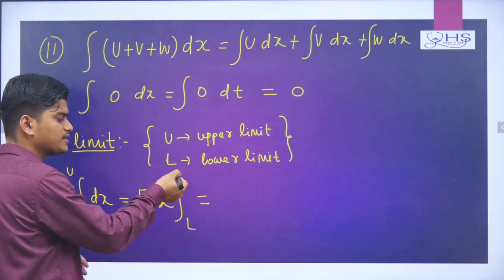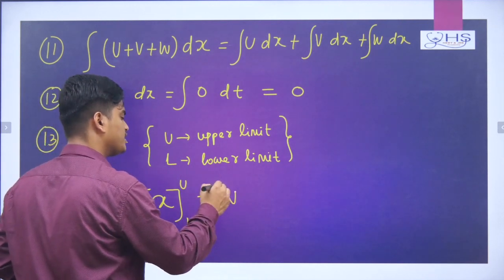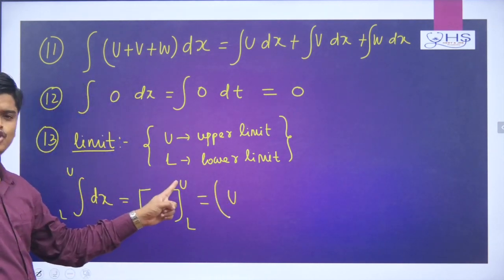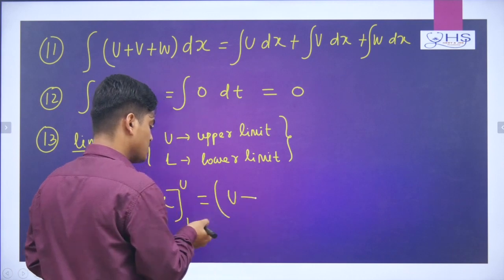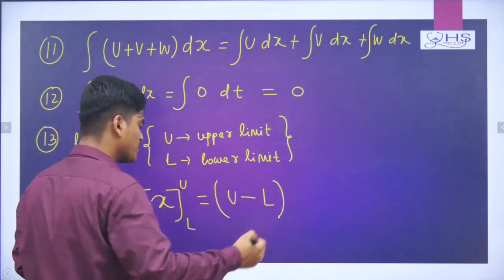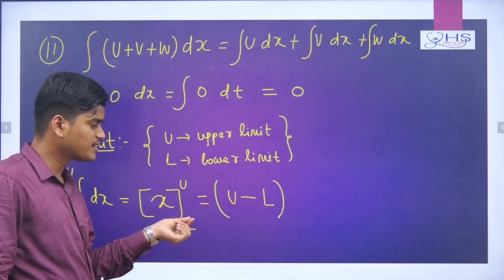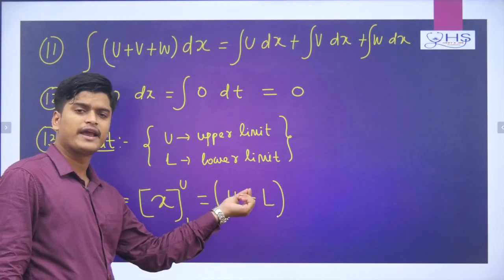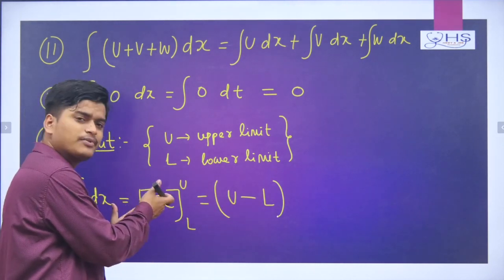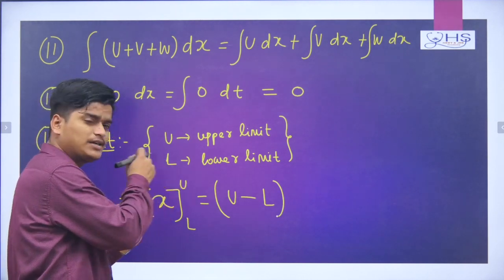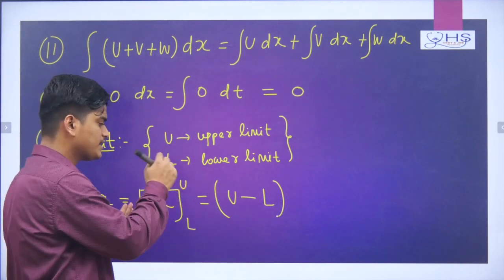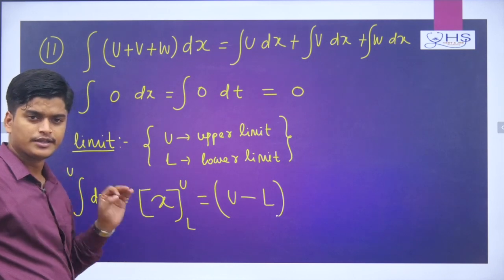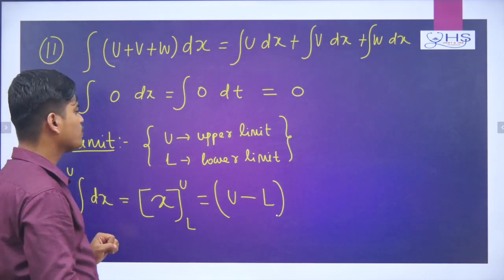In place of x, first you put the upper limit, give this bracket. First you put the upper limit, then minus, then put the lower limit L. Whatever x square is there, then it is u square minus L square. If x cube is there, it is u cube minus L cube. In place of x, you have to substitute the upper limit, then minus the lower limit. You have to remember this for limit type of questions.